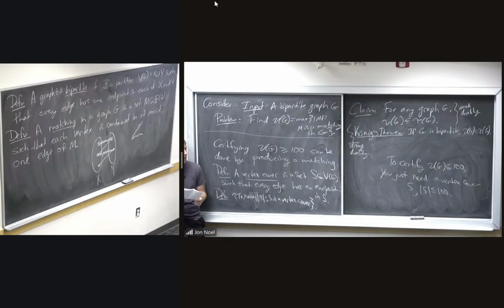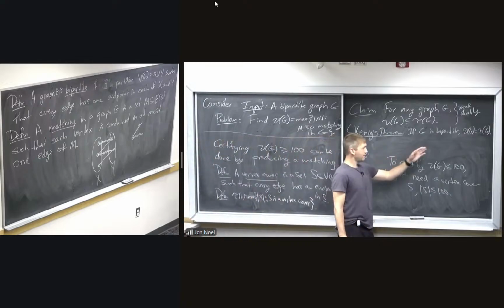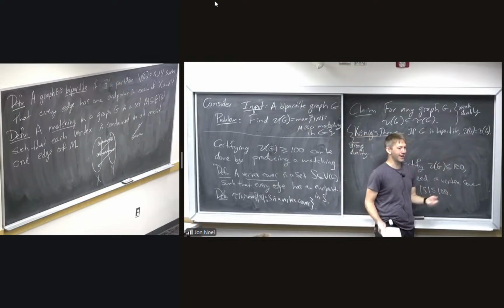Just because you find one of these dualities, does it mean that the second one is easier? It doesn't necessarily mean that. It could be harder than the original problem you started with. This is actually a good example of that. If you have an equality, then they're the same difficulty.